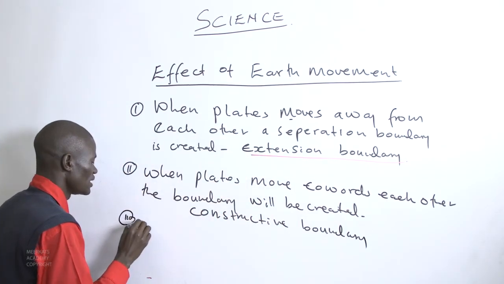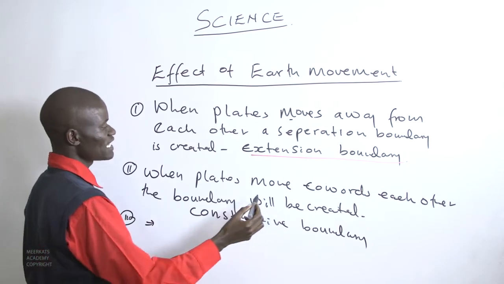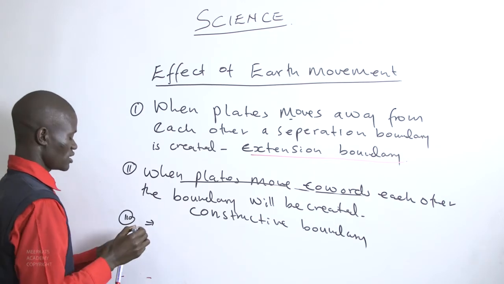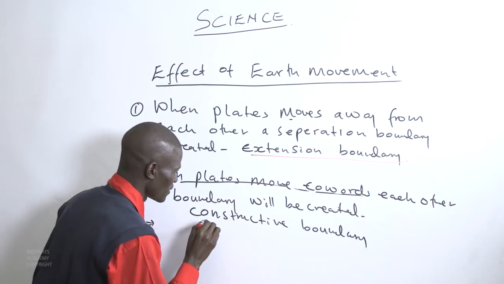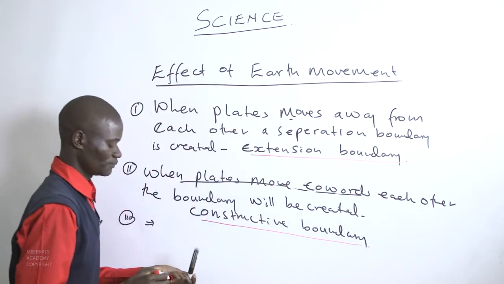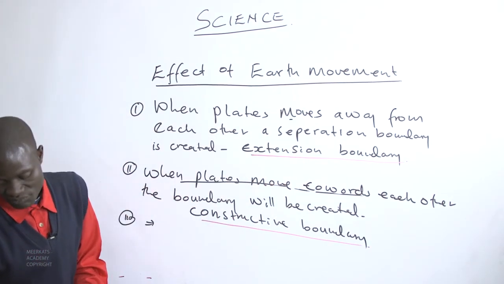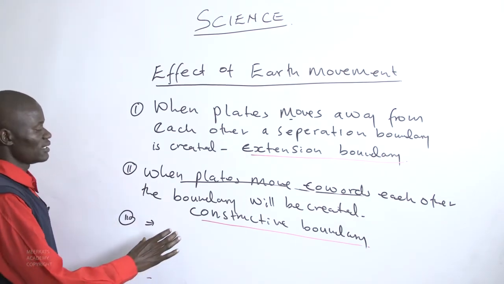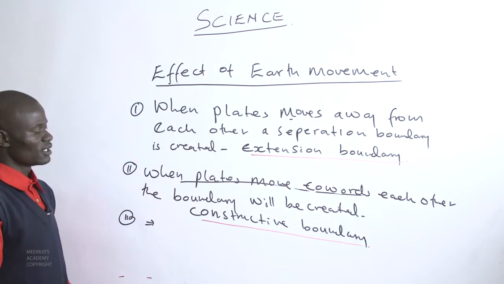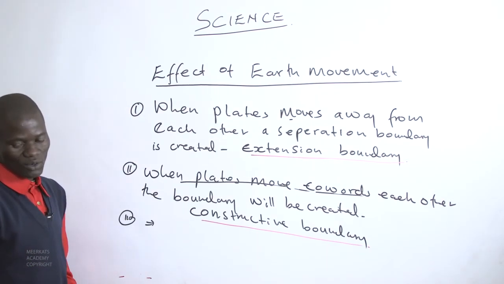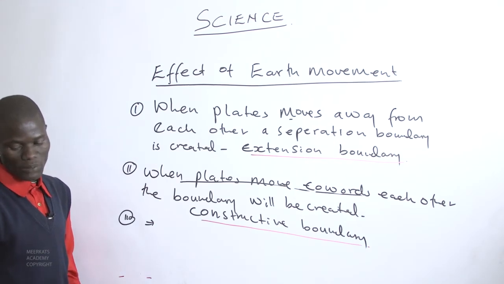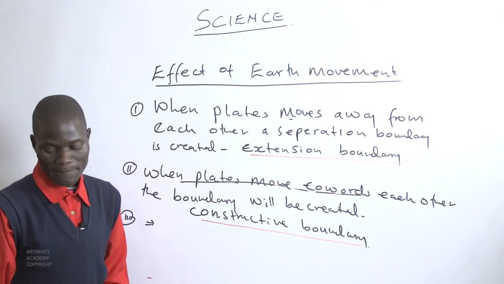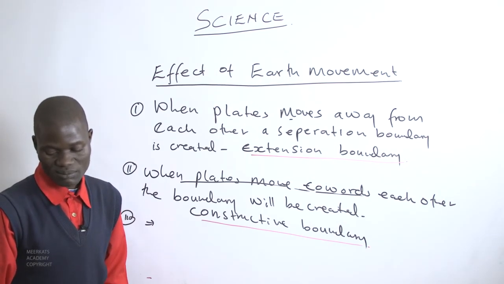And lastly, when these plates move towards each other, they create what we call a constructive boundary. We will also look at when plates move into each other, especially when an oceanic plate meets a continental mass.